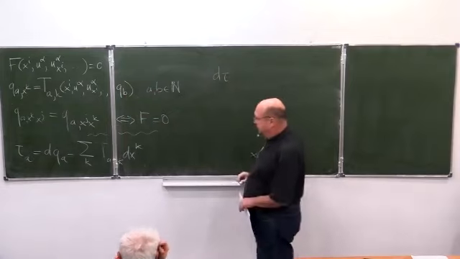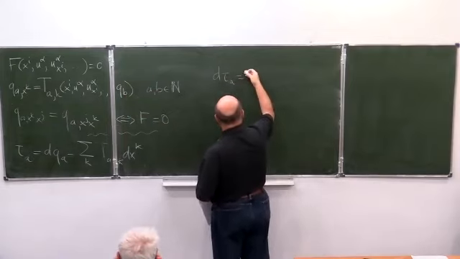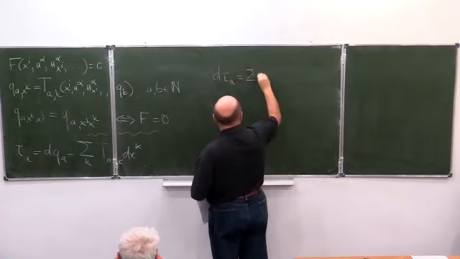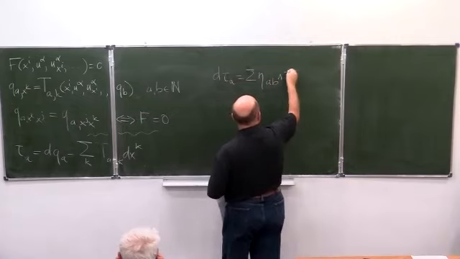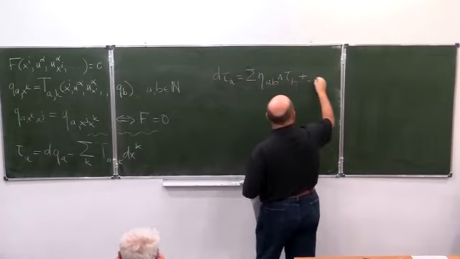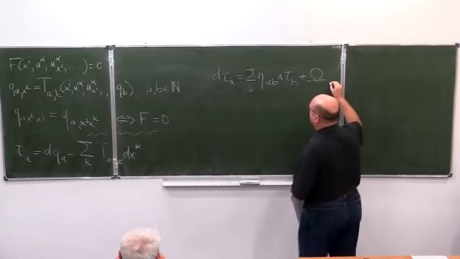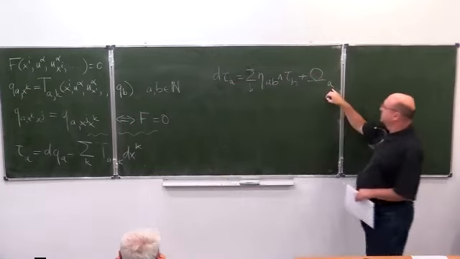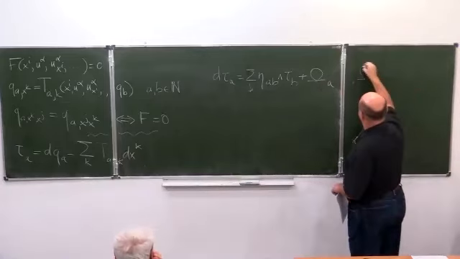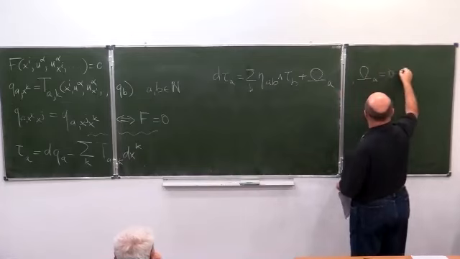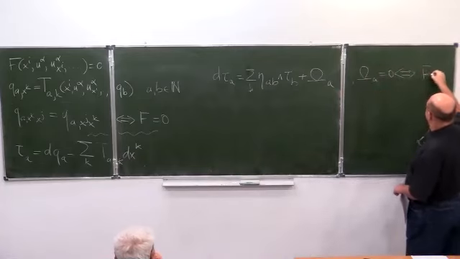The exterior differential of this form can be expressed in the following way, through some form B and some two-forms Omega, and these forms are equal to 0 whenever the initial equation is satisfied.